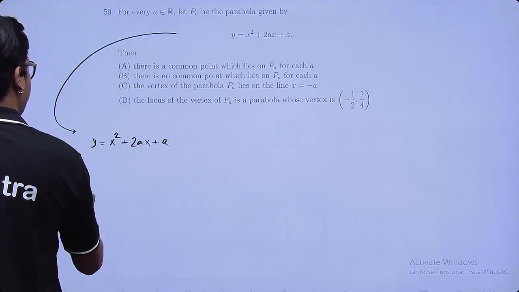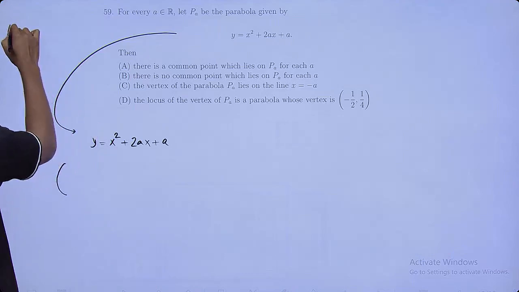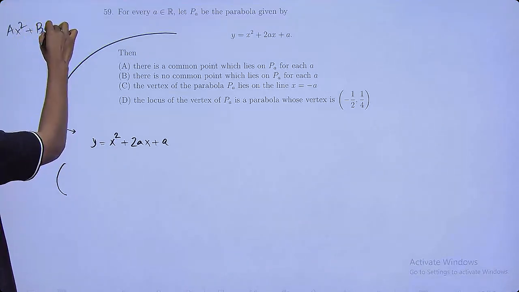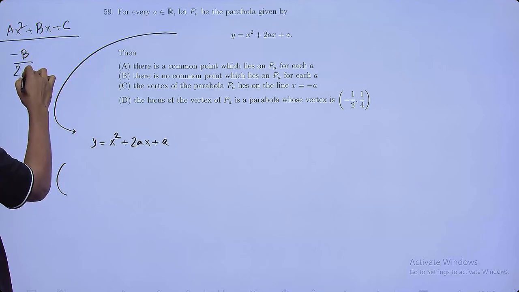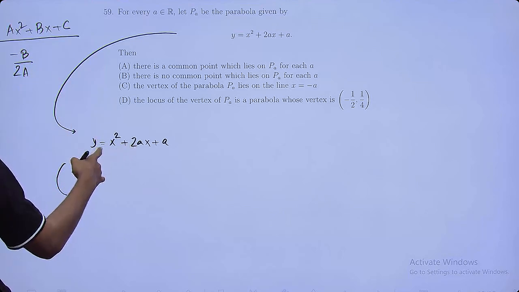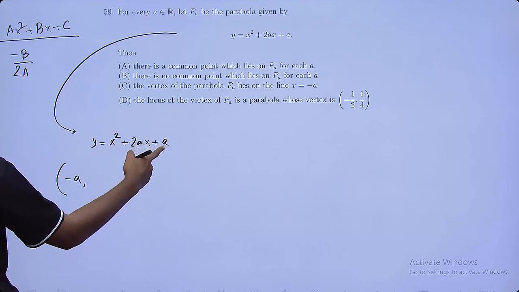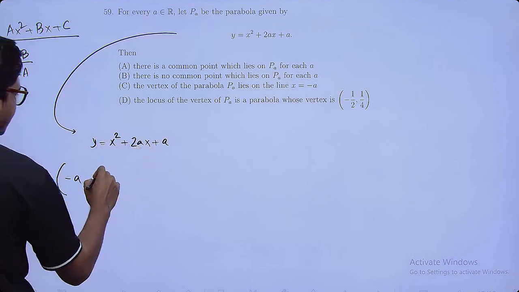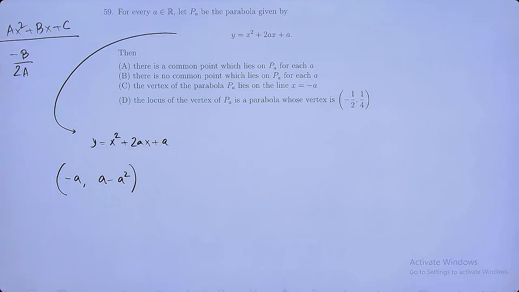So, what is the x coordinate of this vertex? It's minus b by 2a, right? When you have some ax square plus bx plus c, what is the x coordinate of this vertex? It's always minus b by 2a, right? So, in this case, it's going to be minus 2a divided by 2. So, that's minus a. And value of y is going to be a square plus a minus 2a square, right? That's going to be a minus a square. Right? Yes or no? Did I make a mistake? Yeah, this is what you'll get, right?